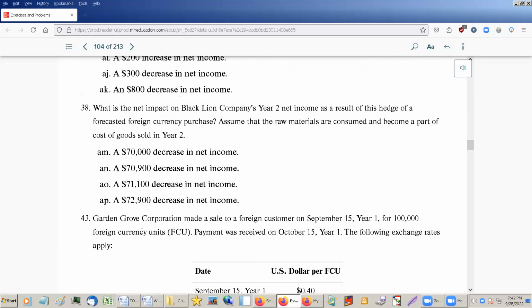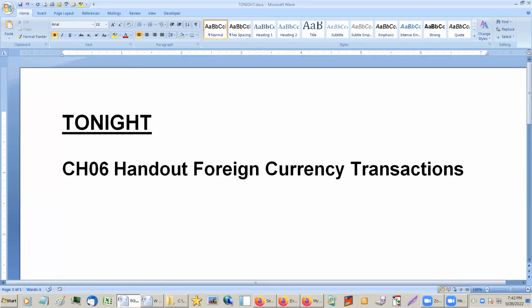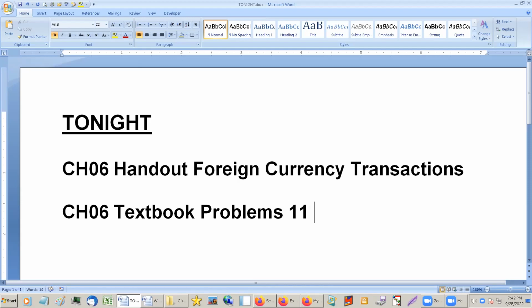The problems I want to assign are particular problems 11 and 12 at the back of chapter 6.